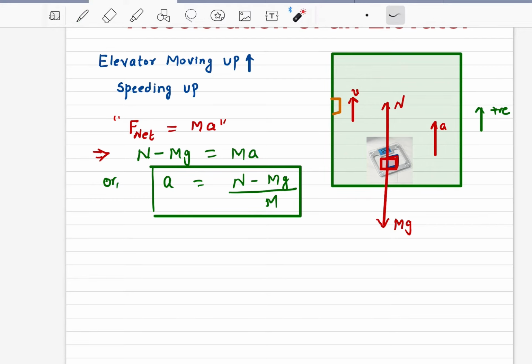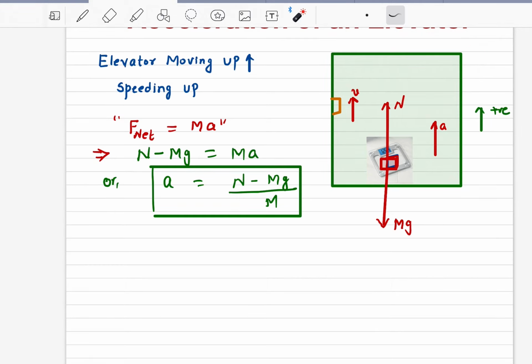So you can use this equation to calculate the acceleration when the elevator is moving up. And the normal force here, let me come back here. This normal force is how much reading you will see on this weighing scale when the elevator is moving up, and we call that the apparent weight. Why do you call it an apparent weight?